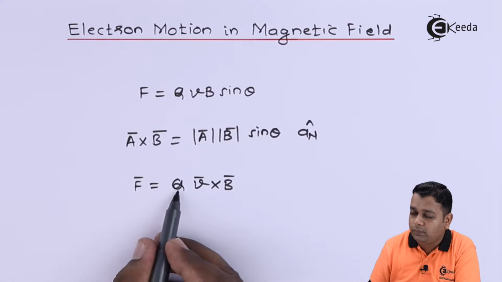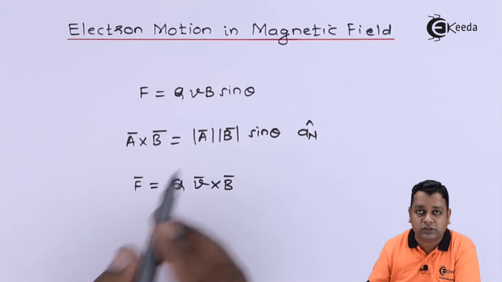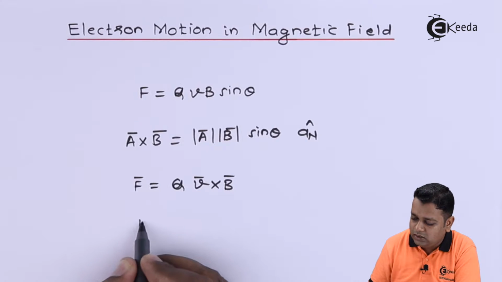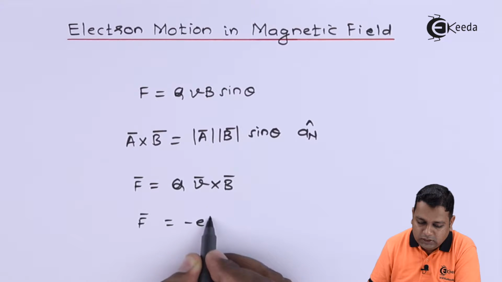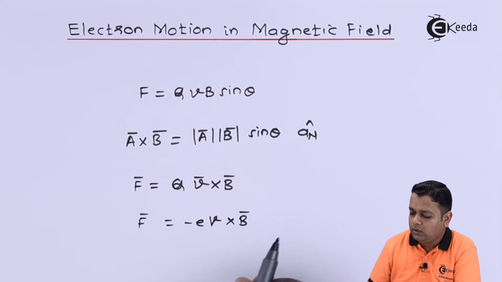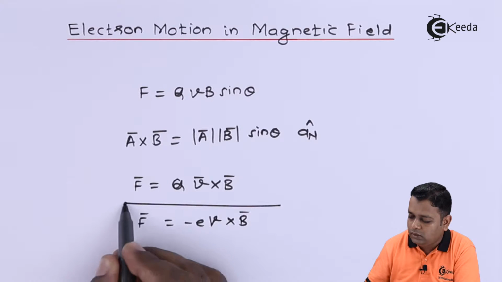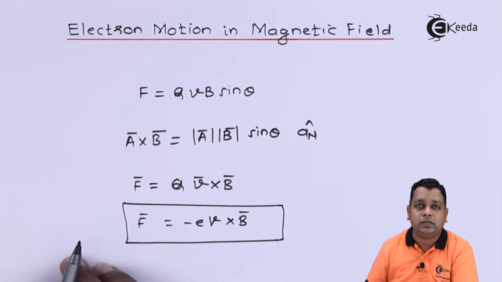Now we can replace Q by e as we have electron motion in the presence of magnetic field. Hence F bar is equal to minus e V cross capital B bar. Here we take the negative direction as the charged particle is the electron. Now in the above equation we have the cross product of velocity V bar and the magnetic flux B bar.